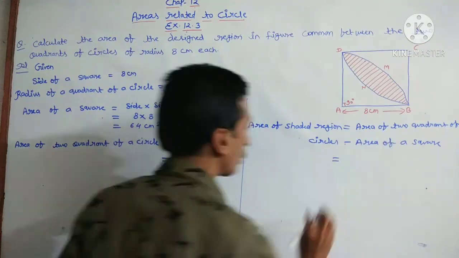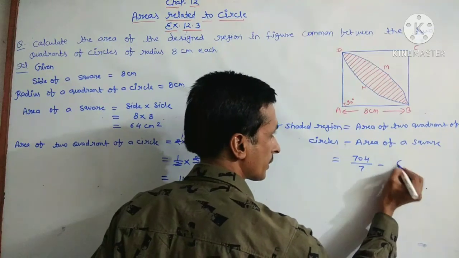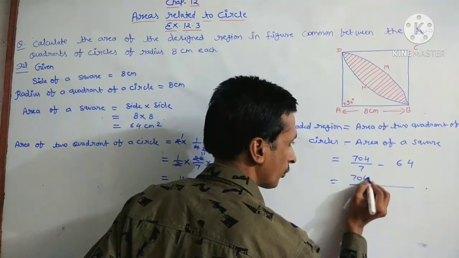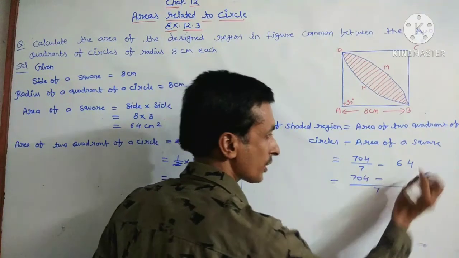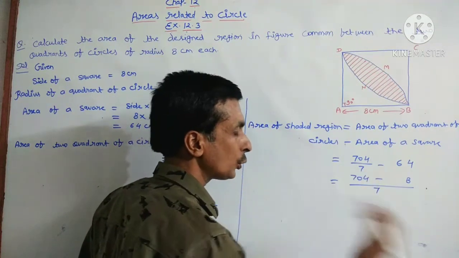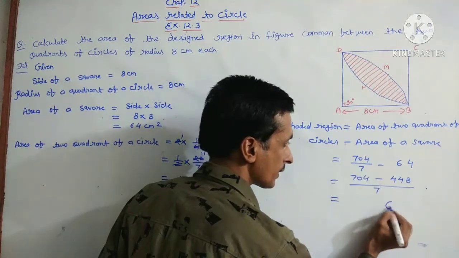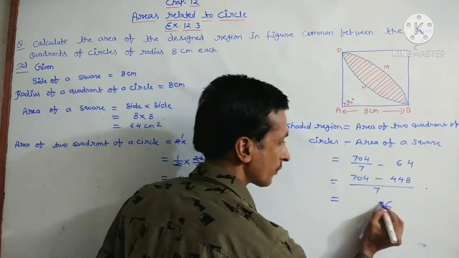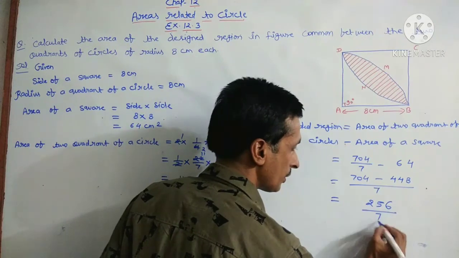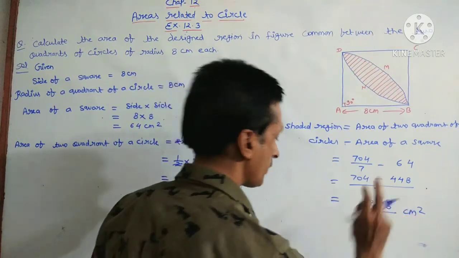Here it is 704 upon 7 minus 64, and we will solve. 7 is the LCM, 704 as it is, and multiply 64 by 7. 4 sevens are 28, and 6 sevens are 42, plus 2 is 44. After subtracting, 14 minus 8 is 6, 10 becomes 9, 9 minus 4 is 5, and 7 becomes 6, 6 minus 4, so 256 upon 7. So the required answer is 256 upon 7 centimeter square.